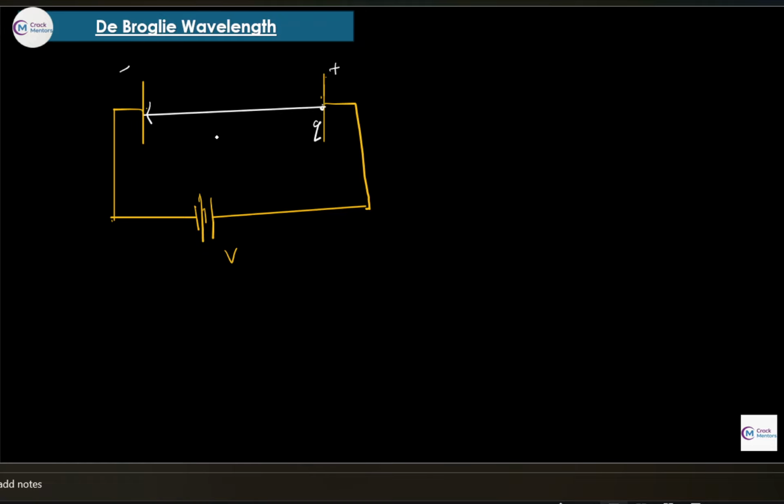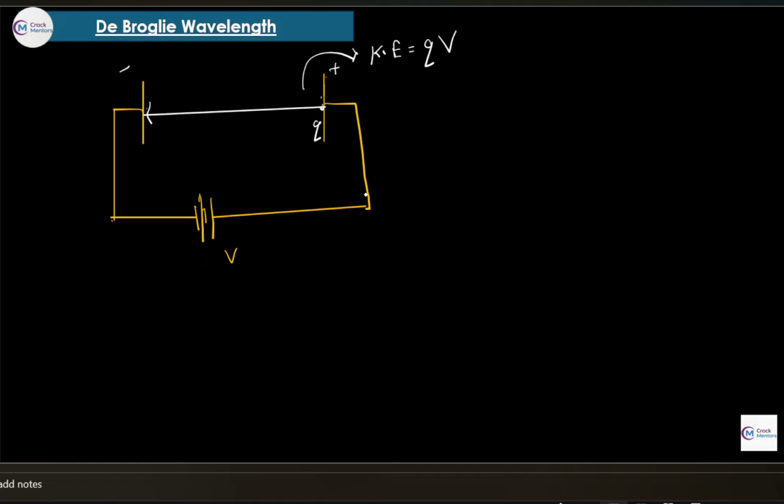If it is moving, then it must have some kinetic energy, and we know that the kinetic energy is equal to QV. Sorry, first of all, it is not QVs, it is just QV. VS is when it is acting like a stopping potential. So we know that it is equal to QV.